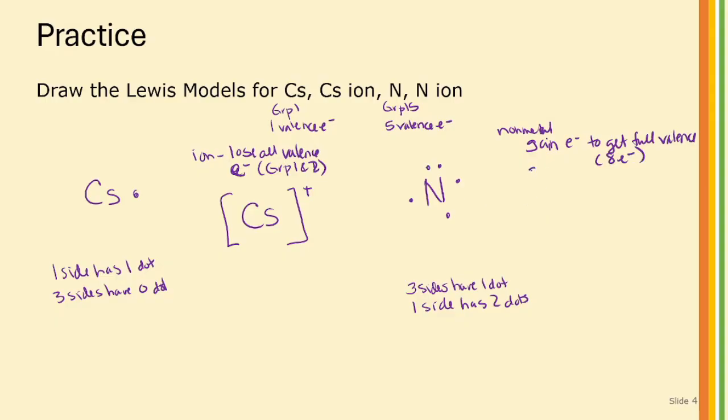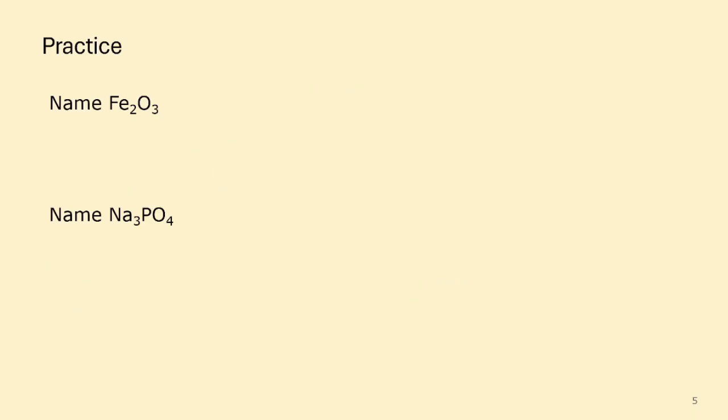So it's going to gain 3 electrons. And when it does so, all the sides are going to be filled up. However, it will now have a charge. It gained 3 electrons, so it's going to have a 3- charge. So these are Lewis models for the various ions and their atoms.